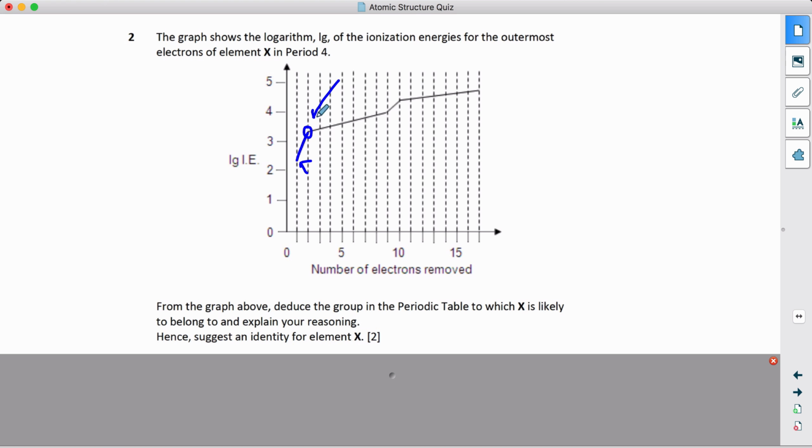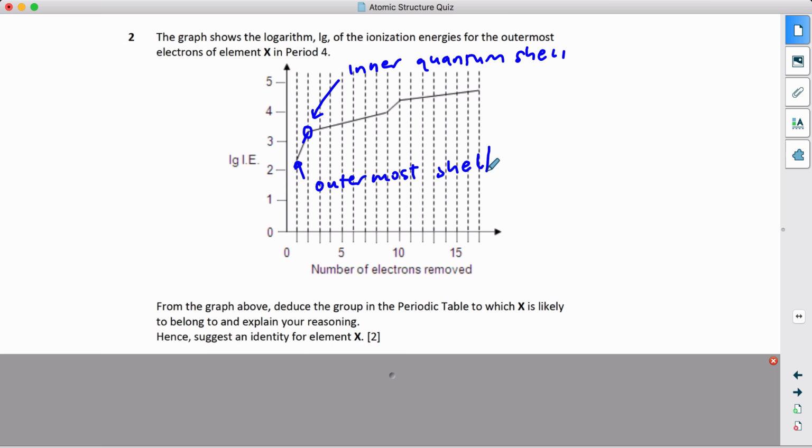What it means is this second electron is from an inner quantum shell, so this electron here must be in the outermost shell, which means there's only one electron in the outermost shell.